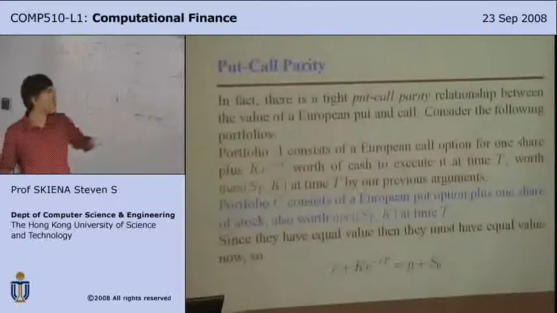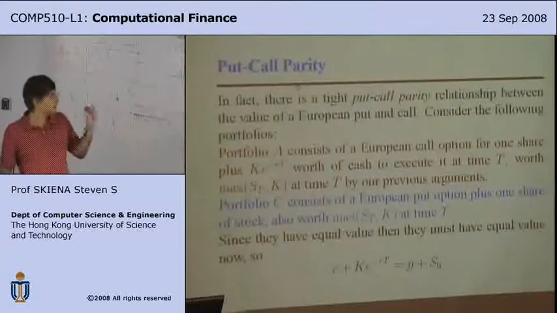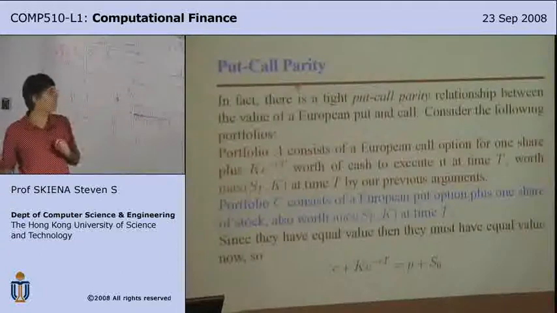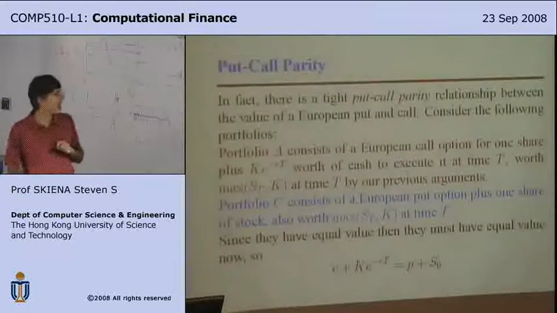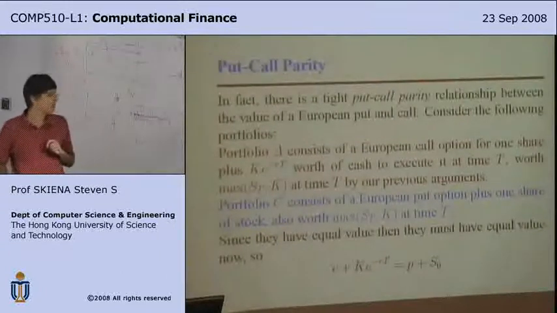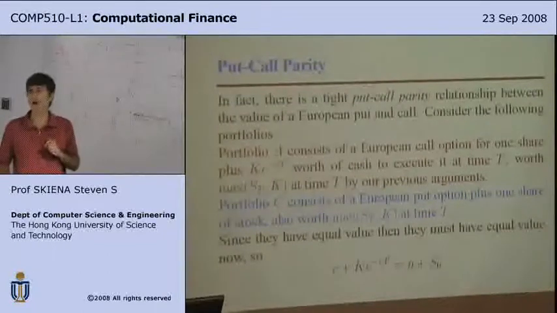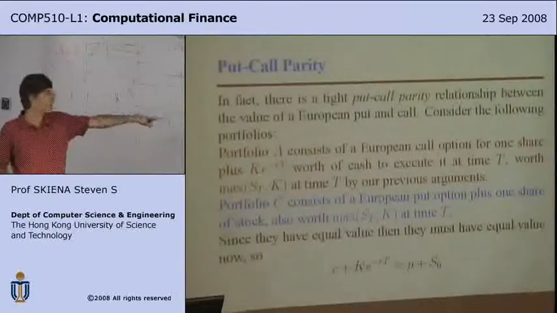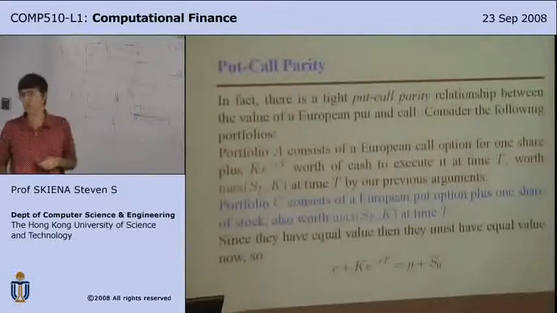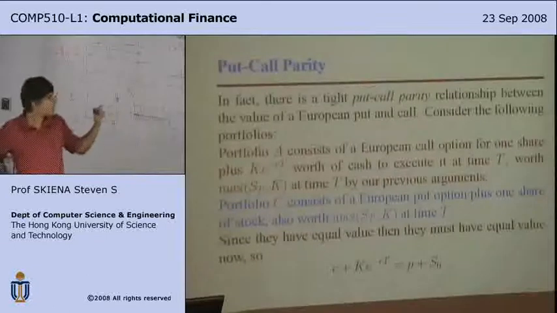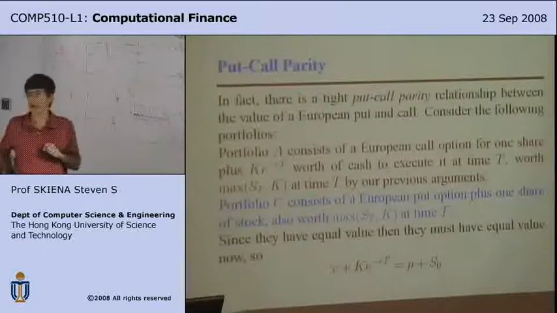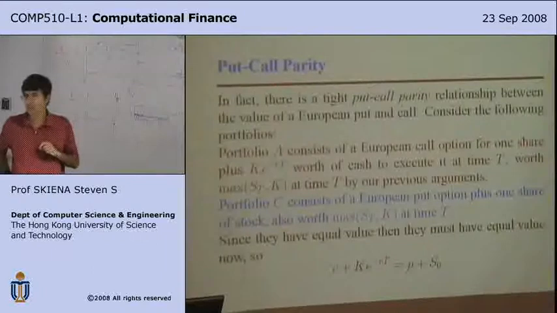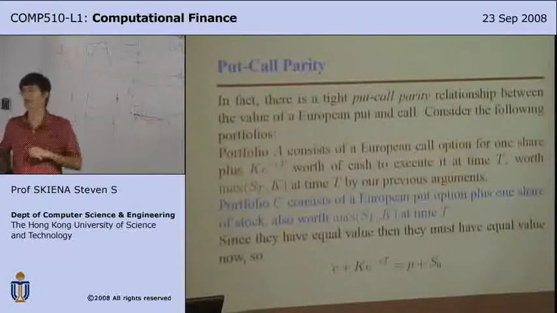Why was that? Just to review it. At time T, if I have portfolio C, either I can get K dollars by cashing in my put and my share of stock, or I could throw away my now worthless put and keep the share of stock. So what's interesting about this?